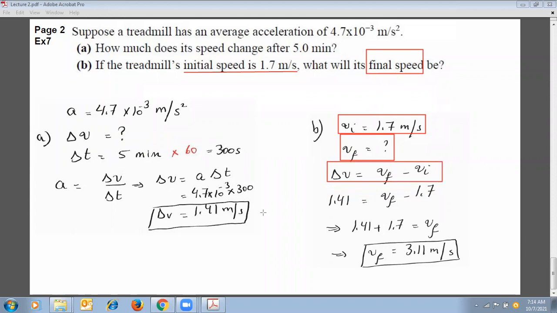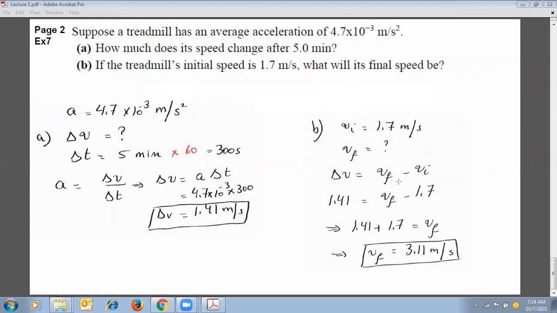So delta V is 1.41, V final is what I want to get, V initial is 1.7. I take 1.7 to the other side. It becomes plus 1.7 equals V final. So V final is 3.11 meters per second.